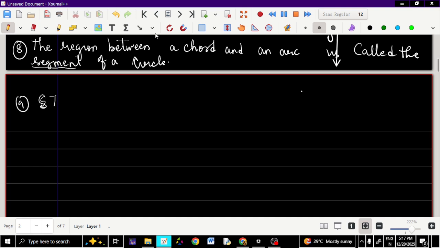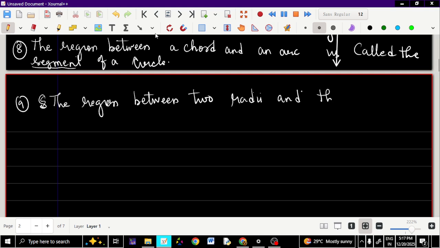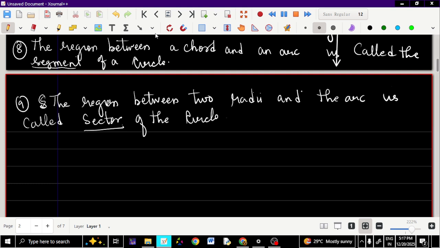Now in the same way, you have something called a sector also. A sector of a circle is the region between any two radii you pick and the arc. For example, I'll draw a picture in which I'll show you a circle.